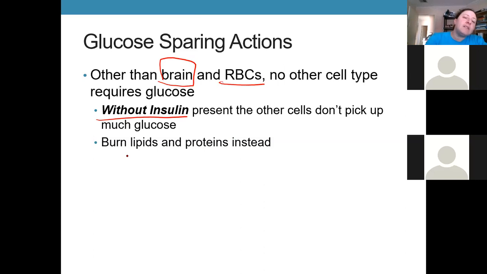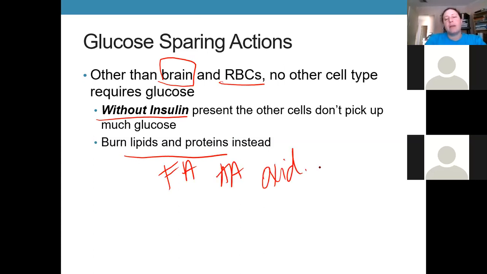But the other cells in your body do. They're perfectly capable of using fatty acids and amino acids for oxidative phosphorylation to make their ATP. So without the presence of insulin, they can't bring glucose into the cells, and so they use alternative fuel sources instead. This lets our brain and our red blood cells use the glucose that our liver is making sure is still circulating in our blood. Okay, so this is kind of the big thing in the post-absorptive state.